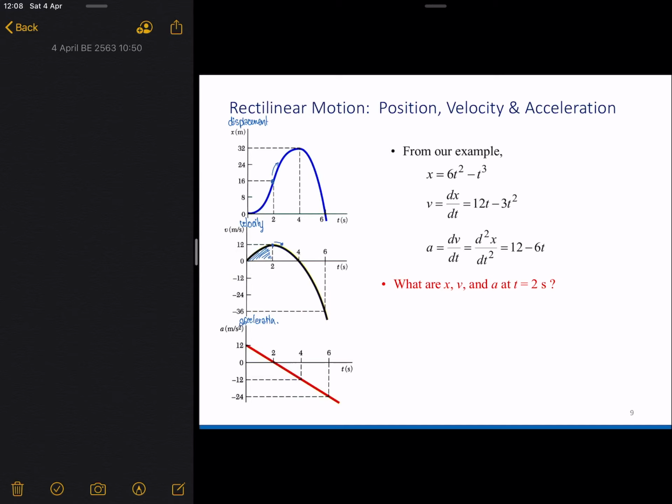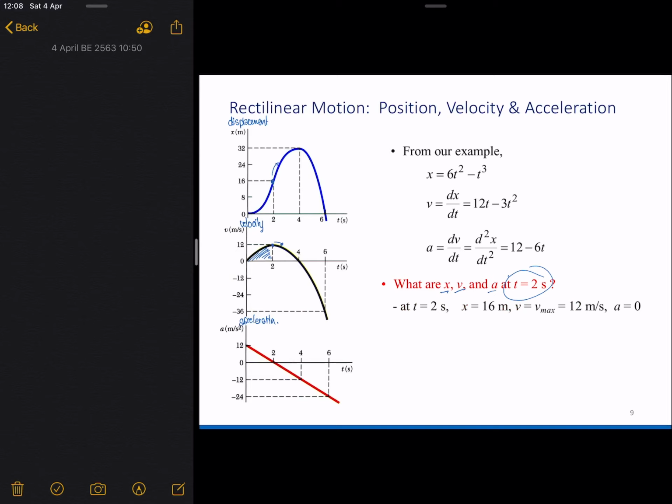And here, for example, if I ask what is the displacement, velocity, and acceleration at time equal to 2 seconds, how do we find it? You can just plug those 2 seconds into the formula, and then you will get these results.